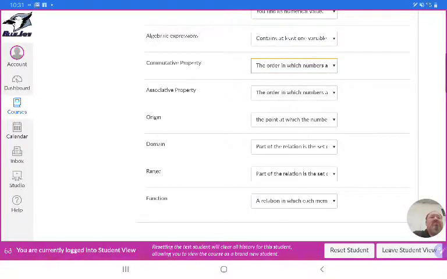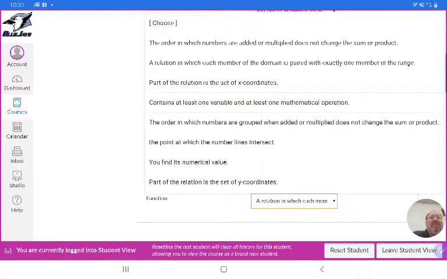Real quick, associative property is the order in which numbers are grouped. Origin is the point at which the numbers of the number lines intersect. Domain is the part of the relationship that goes with the x value. Range is the part of the relationship that goes with the y value. And function is the relationship where each member of the domain is paired with exactly one member of the range.